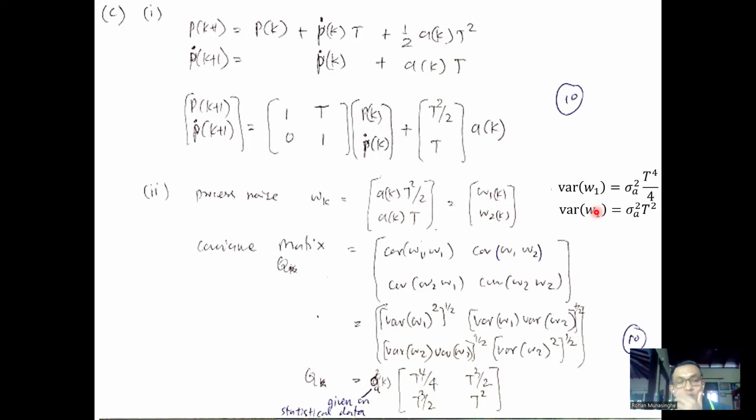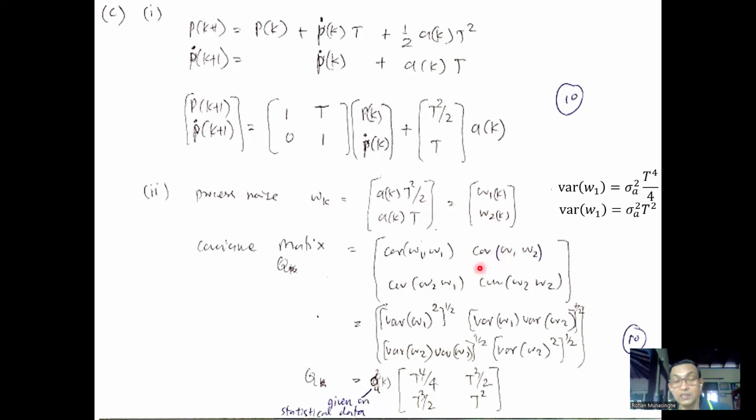Now, the covariance matrix, a 2 by 2 matrix, is like this. The covariance between W1 and W1 here, W1 and W2 here, W2 and W1 here, and W2 and W2 over here. Here we assume there's no cross correlation.